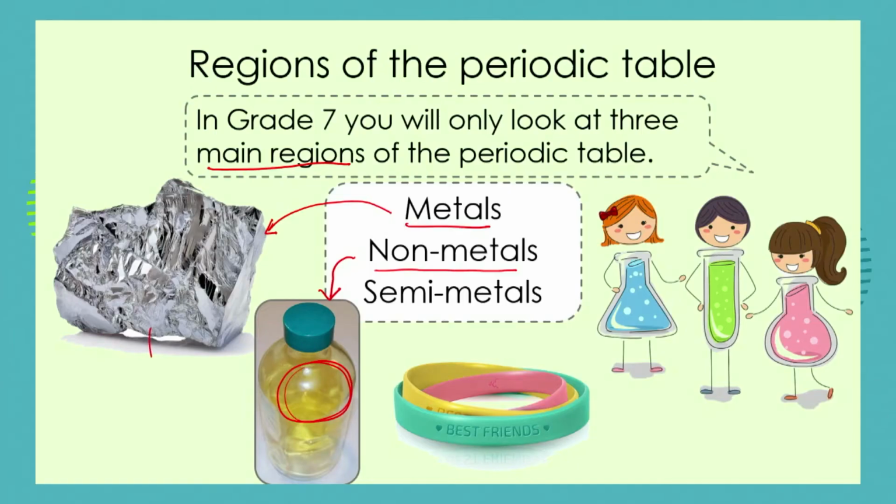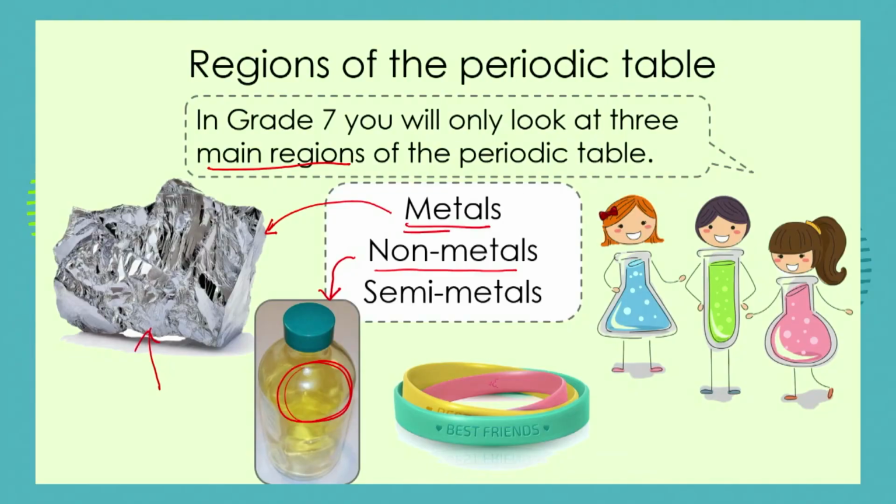Of course, we could put this nickel into a furnace and heat it up to a very high temperature, and we could get liquid nickel. But we're talking about at room temperature, or at the natural temperature where this particular element is found. Metals are all solids, whereas non-metals are not going to be solids.